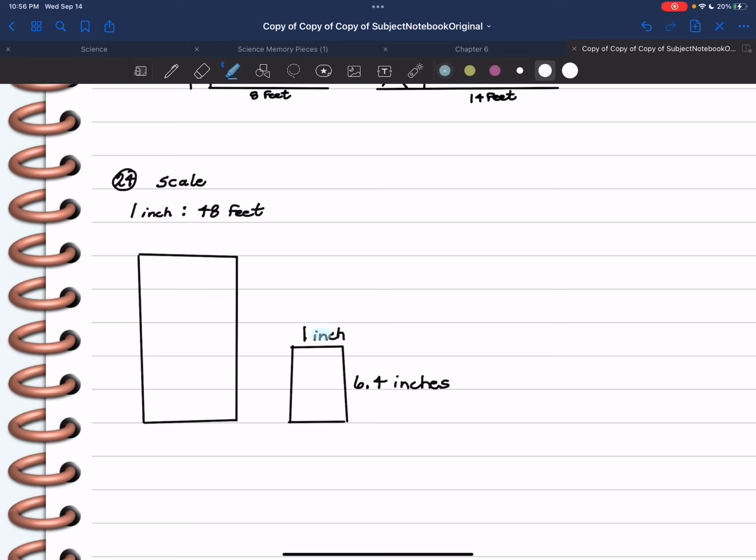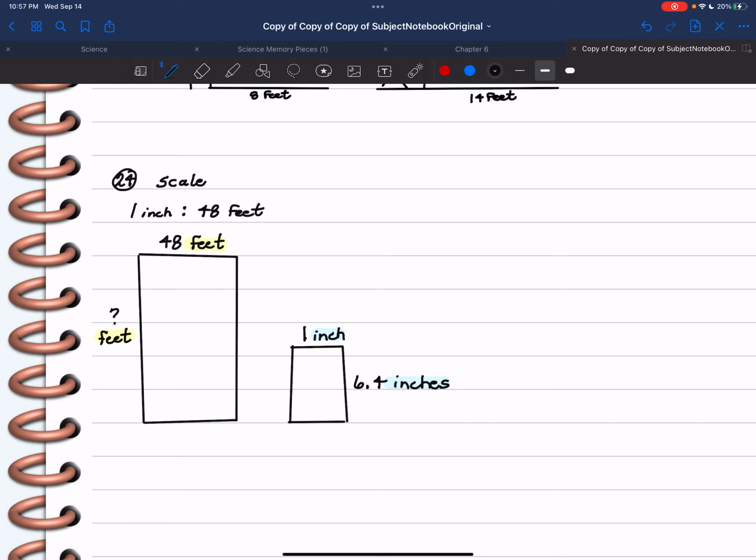These are inches and inches. 48 feet will correspond to that 1 inch that we just drew. And then this dimension, as long as it's in feet, will be okay. We don't have to convert everything to inches.